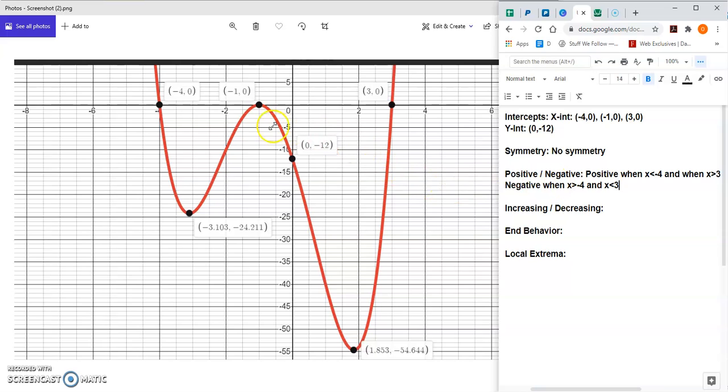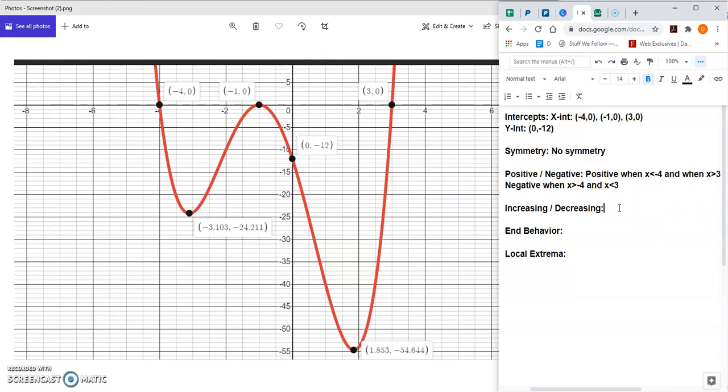So when we're describing the positive and negative, even though positive and negative have to do with whether the y-coordinate is positive or negative, we're going to describe it in terms of the location using x. When x is between -4 and 3, that's when y is underneath the axis, okay? So hopefully you can see that it's positive above that line, negative below that x-axis line.